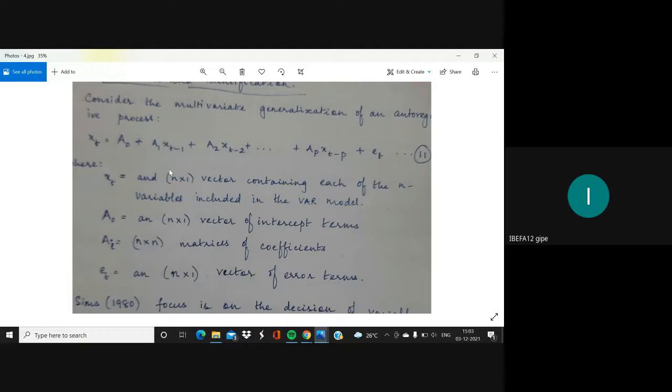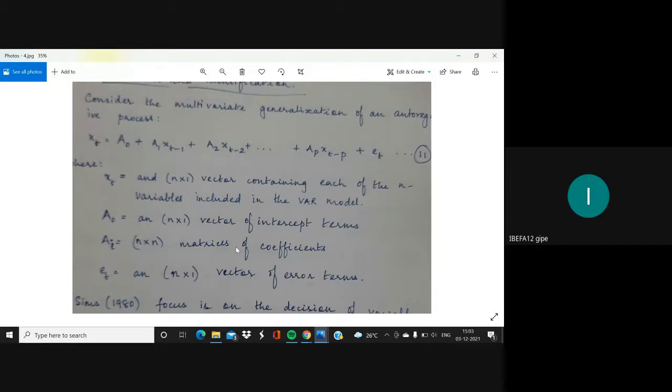Now if you take only a1, since ai has been denoted here, in a1 you will have n endogenous variables again. So basically you have your n time series variables, and each of them will have these n coefficients associated with the first lag of each of those variables. So because of that, a1 will be an n by n matrix of coefficients.